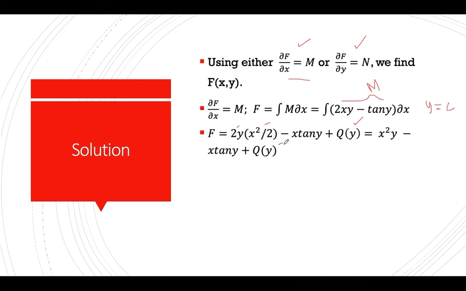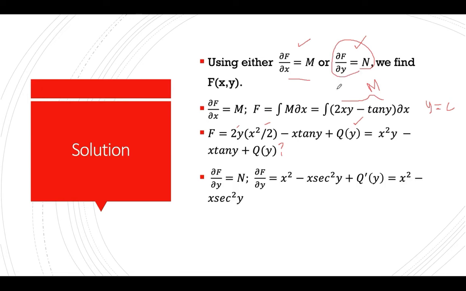So we need to find now the function q of y using the second equation. Okay, so the second equation tells us that we get the derivative of f with respect to y, and then we will equate that to the function N. So differentiating this function f with respect to y, x here will be constant.